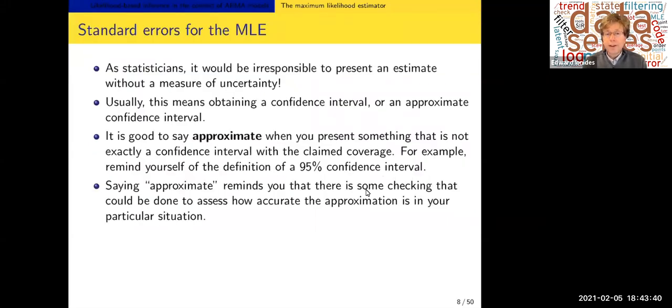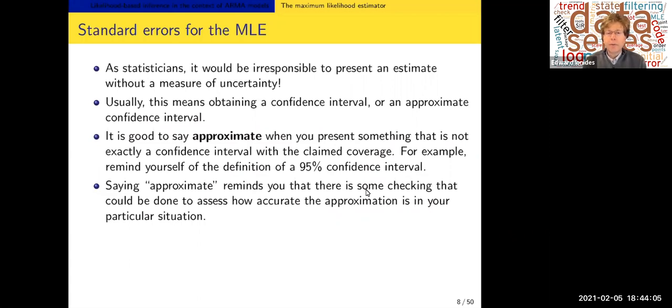So as statisticians, it would certainly be irresponsible to present an estimate without a measure of uncertainty, and the standard way of doing this is to produce a standard error for the estimate. And you can also obtain a confidence interval, often an approximate confidence interval, because it's not a perfect confidence interval.